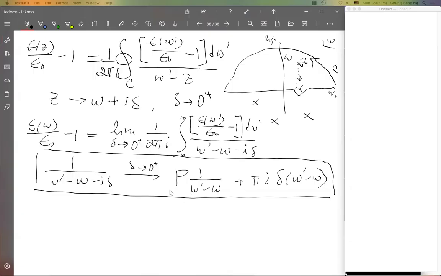When you put the right-hand side in the integral and do the integration, this capital P means that you are doing an integration without including the singular point. The singular point is when omega prime equals omega, and you integrate along omega prime along this axis. This principal part means that you integrate very close to this singularity, and then you ignore a certain distance.